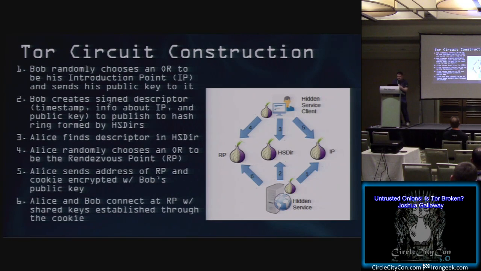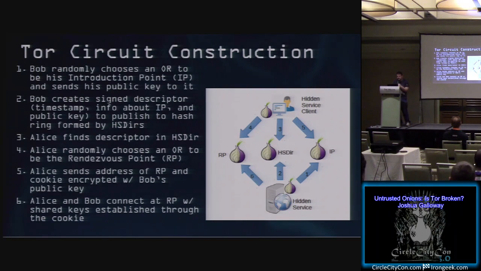It does all that and publishes the information to the hidden service directory. Then Alice, when she's trying to connect to a hidden service, finds that descriptor in the hidden service directory, and then chooses a random onion router to be the rendezvous point. That's going to be the middle of the circuit that's formed.